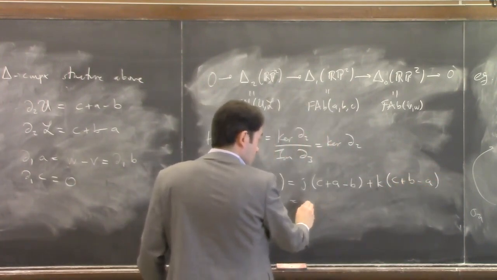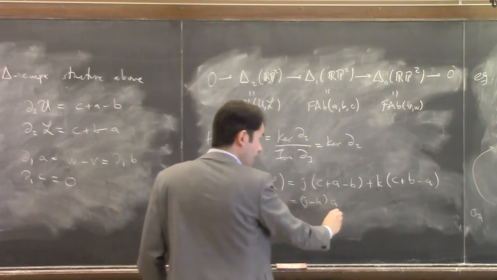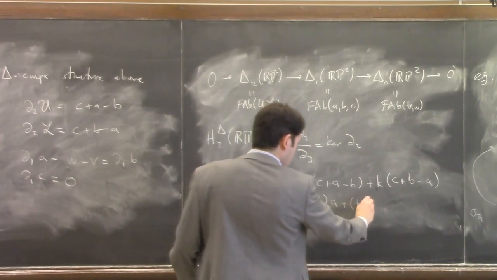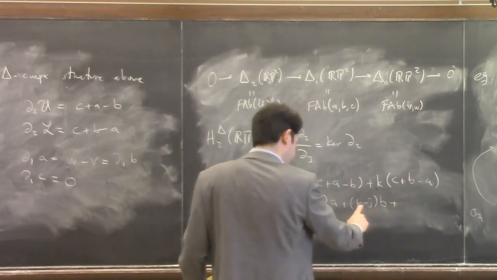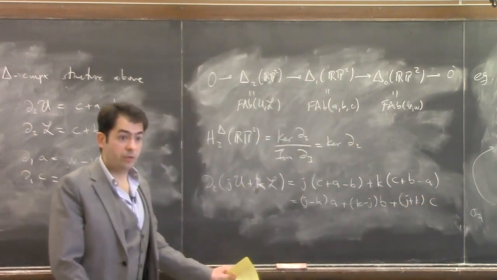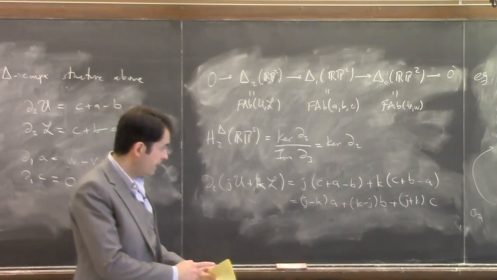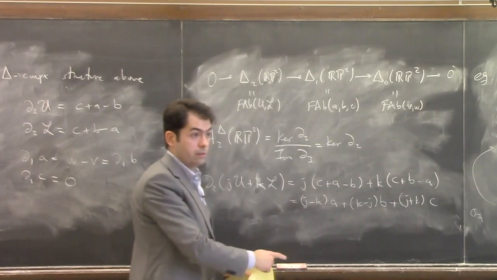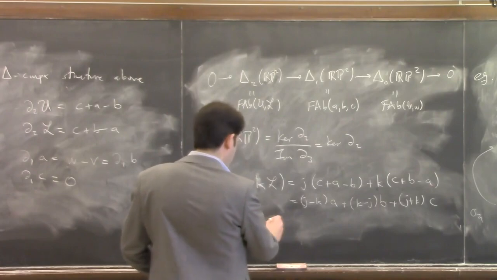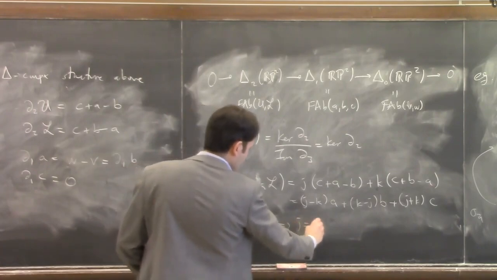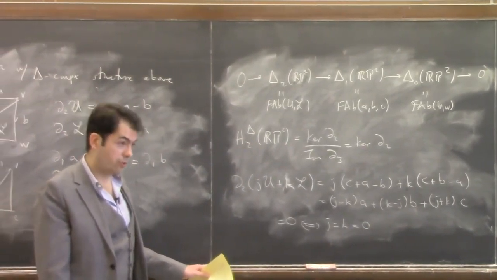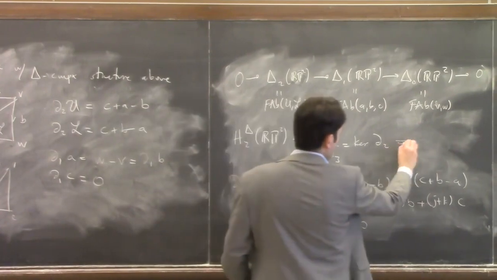So that's (J minus K) times A plus (K minus J) times B plus (J plus K) times C. Right? So if this is equal to 0, then J has to be the same as K, and J plus K has to be 0. Right? So this is equal to 0 if and only if J is equal to K is equal to 0. So the kernel is trivial. So this is 0.